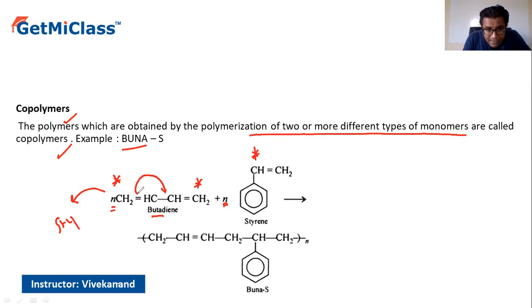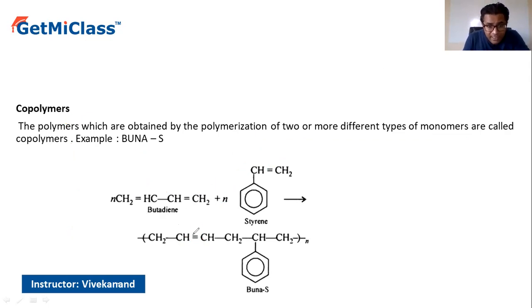This double bond gets shifted. Okay, so you can observe it at this point. This is where it has shifted. Okay, and this bond goes further. That is, it is used by this carbon atom to form the bond with the next molecule at this particular position. So what will happen again? This bond is shifted further. So there is a shifting of bond. When you observe the entire polymer, you will see that the double bond is present over here.